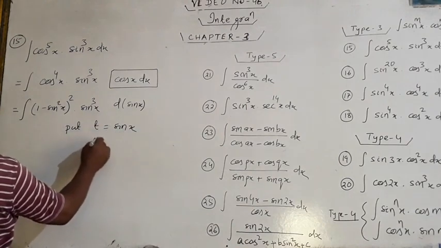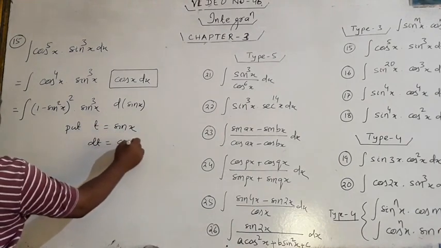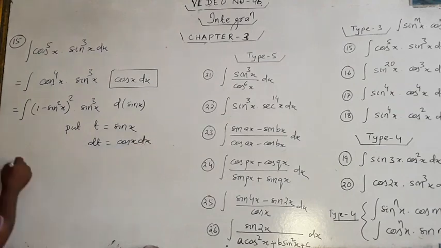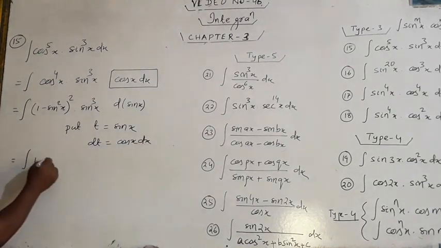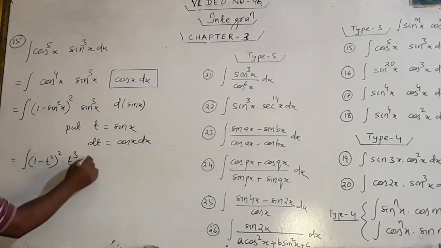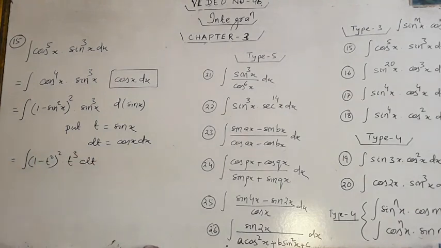Then proceed, dt is equal to cos x dx. It becomes 1 minus t square whole square into t cube into dt. Then you have to expand the a minus b whole square, then do.